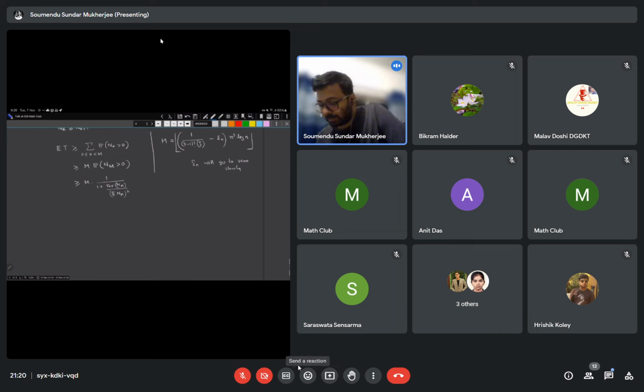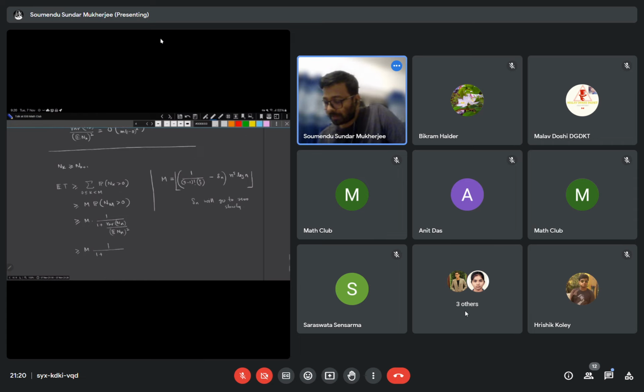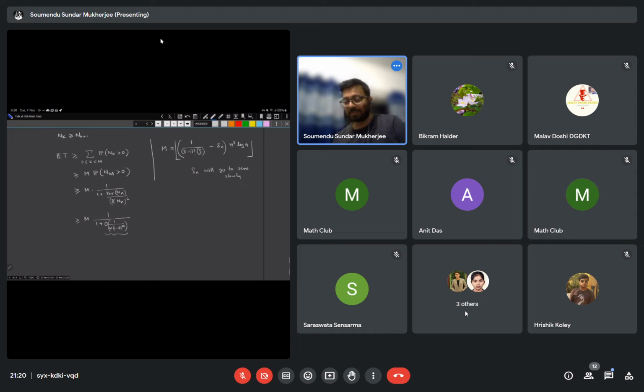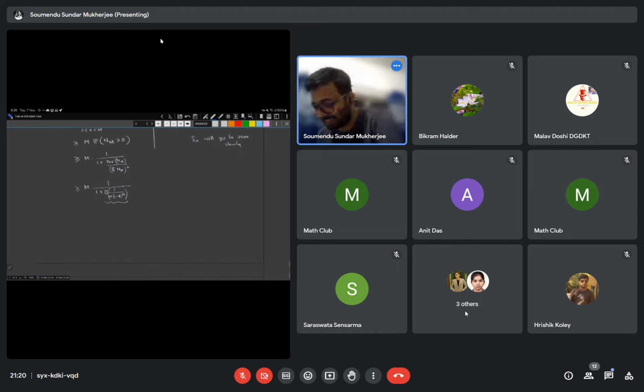So this is at least m times 1 plus big O of 1 by m. So the point is we have to show that this term is small. This term is only small if you take m to be like that. So let us see whether that is the case or not.